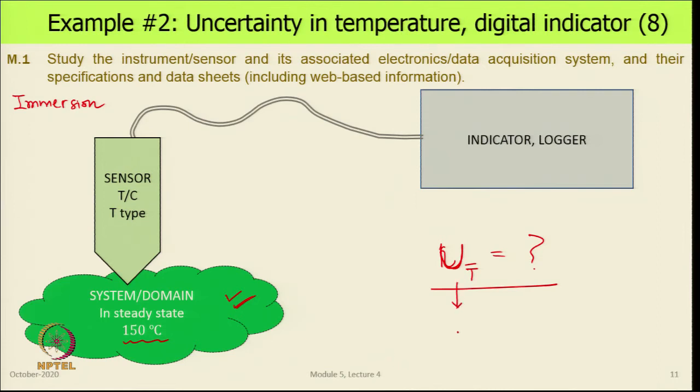For this we need the multiplying factor and the standard uncertainty in the value, and for this we need to get S T bar and B T bar, and in each one of these we have some things coming in. So we have to estimate this, then calculate this, estimate this, calculate this, then come here, and we get the answer. That is what we will do now.